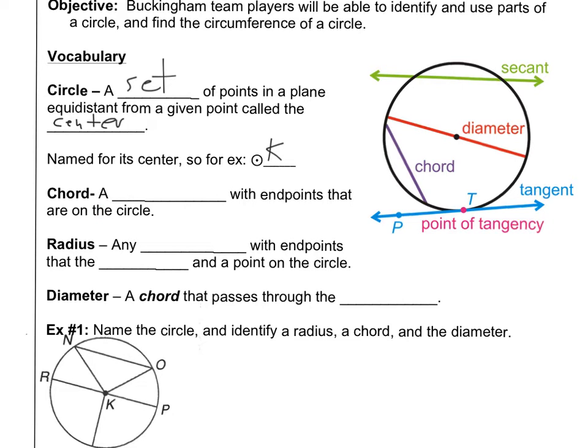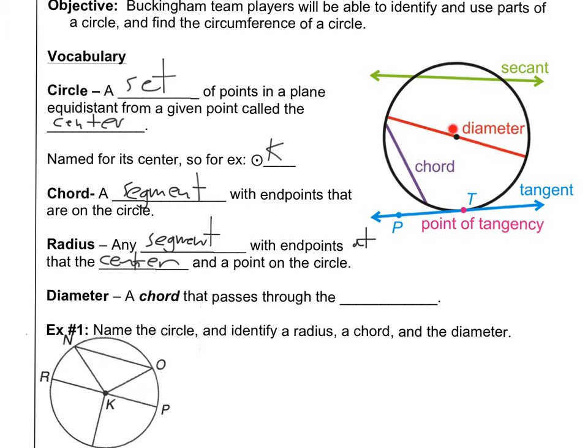A chord. This is a segment with endpoints that are on the circle. A radius, this is any segment with endpoints at the center and a point on the circle.